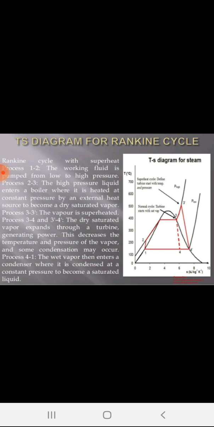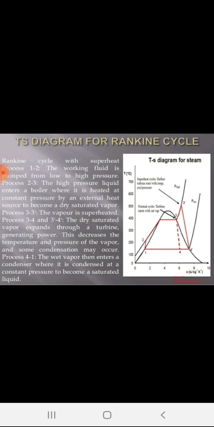This decreases the temperature and pressure of the vapor, and some condensation may occur. Process 4 to 1: the wet vapor enters the condenser, where it is condensed at constant pressure to become saturated liquid.